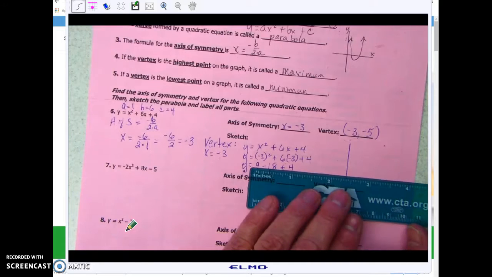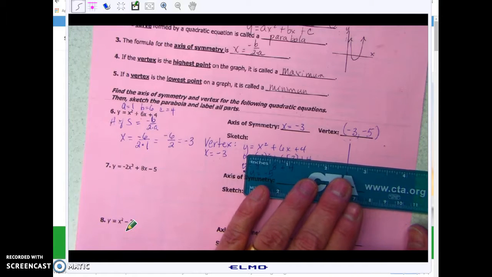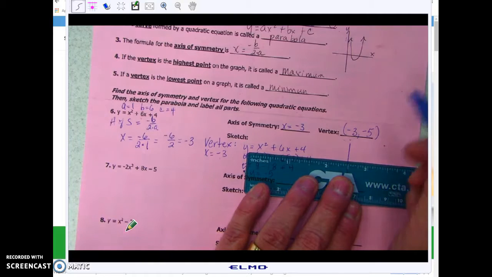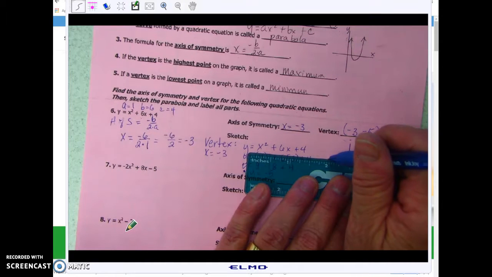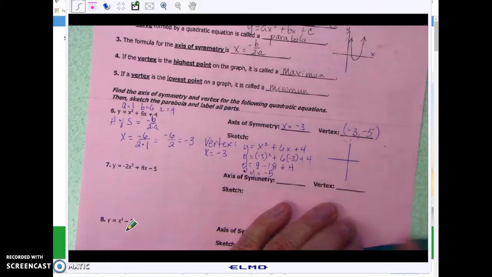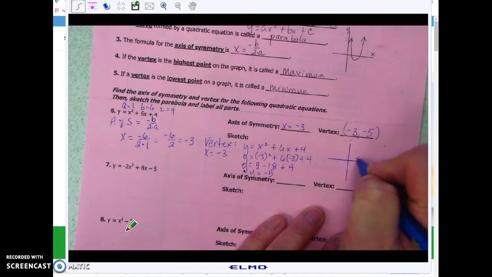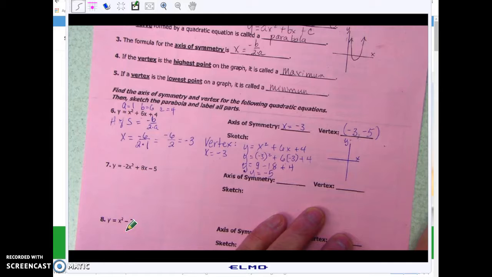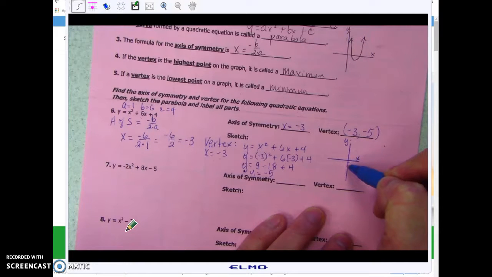So leave more room on that side of the graph. And it's going into negative territory, so we're going to make it up high enough to get that. There's my X, there's my Y. I'm always going to use a straight edge, and I'm going to label my X and Y axis. Here's negative 5, negative 3.